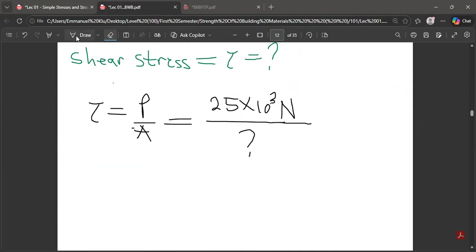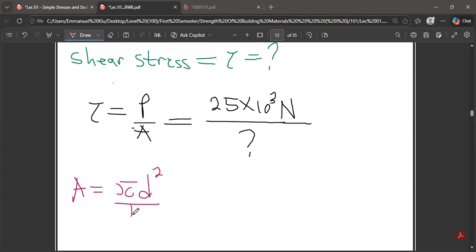So this is where we are. Our A is equal to pi d squared all over 4.